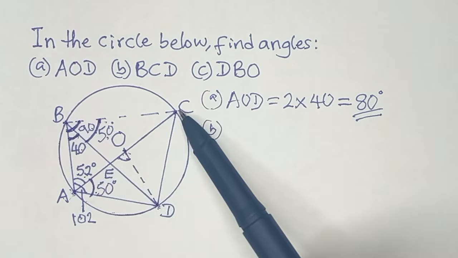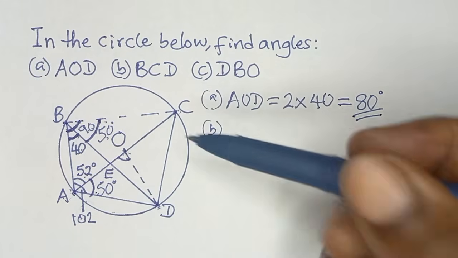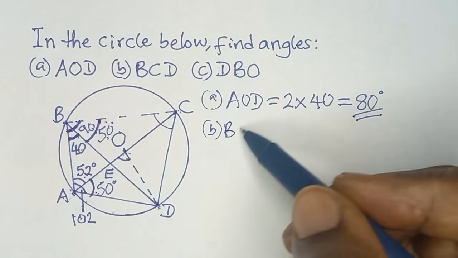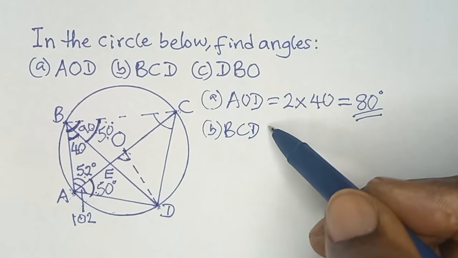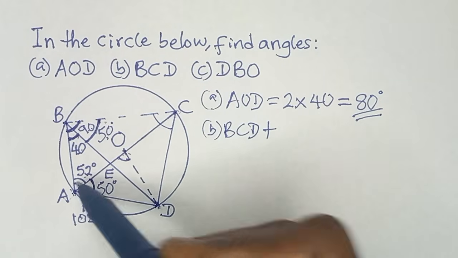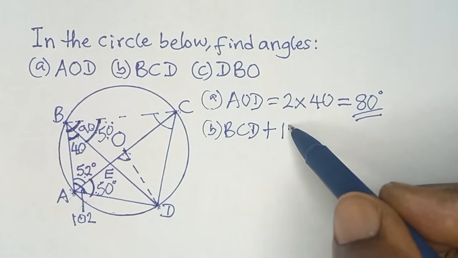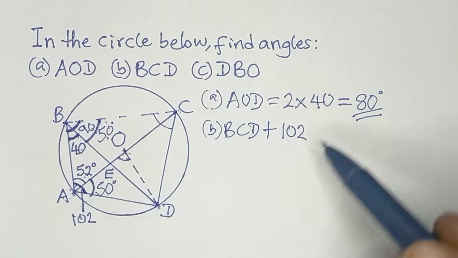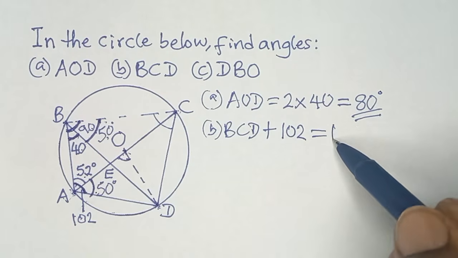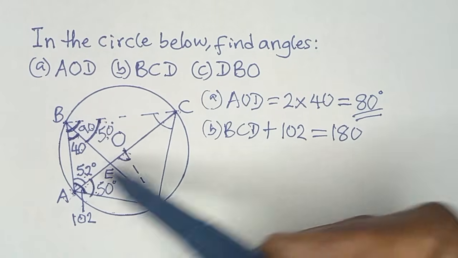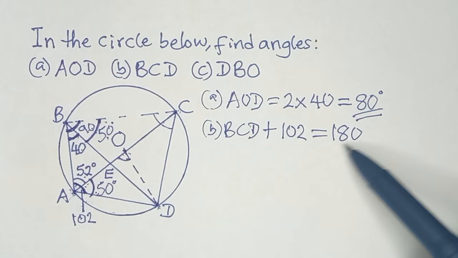So angle BCD, which is the angle that we're looking for, plus the whole of this opposite angle to BCD, that is 102. You can see it here. And that will be equal to what? 180 degrees. Why? Because opposite angles of a cyclic quadrilateral are supplementary.